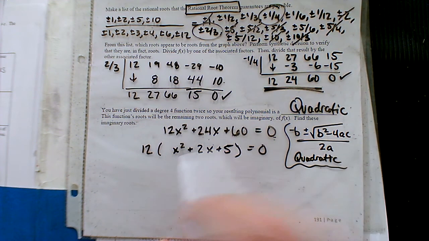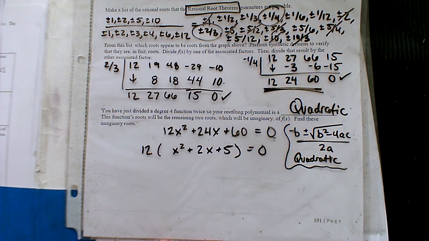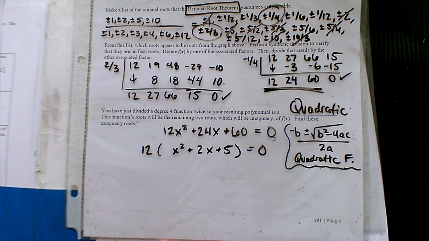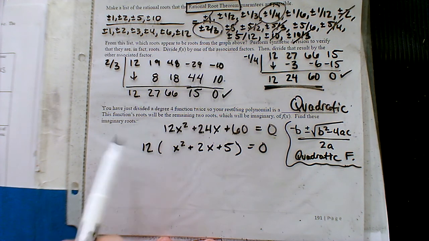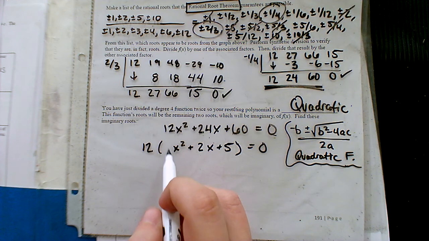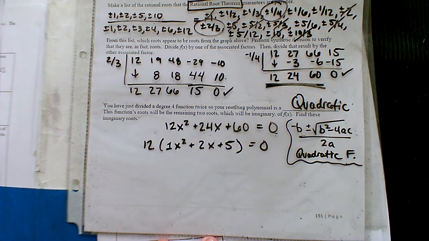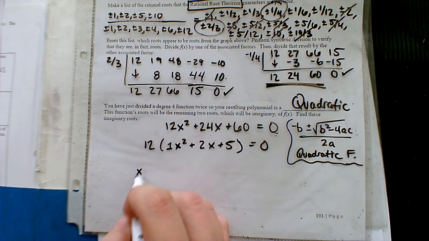Quadratic formula. We said this is a quadratic equation, so this is fair game. If we can't factor, quadratic formula. Now we're going to ignore the 12 because we already removed that as a GCF. So our a, b, and c are going to be 1, 2, and 5. Easier numbers to work with.